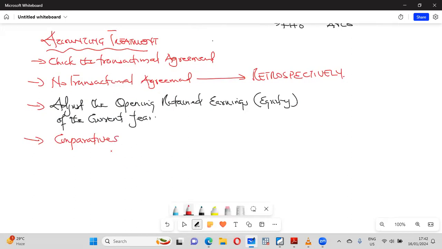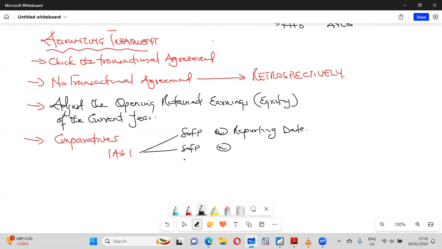Now, with this comparative, IAS 1 says that you have to present the SOFP, statement of financial position, at the reporting date. I mean, the current one, right? Then you prepare another SOFP at the start of the current period.